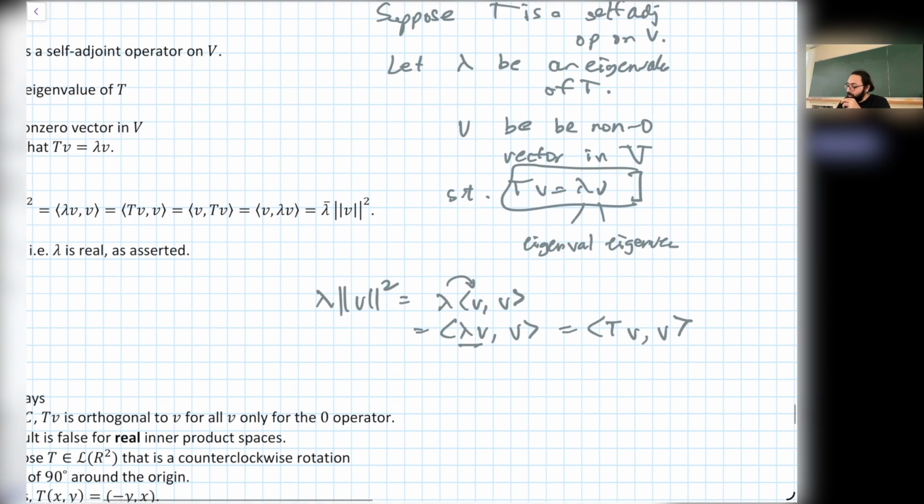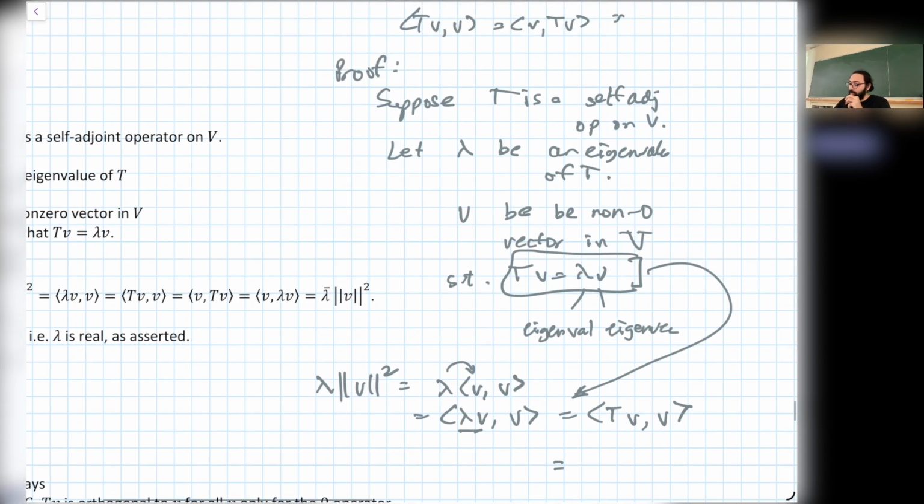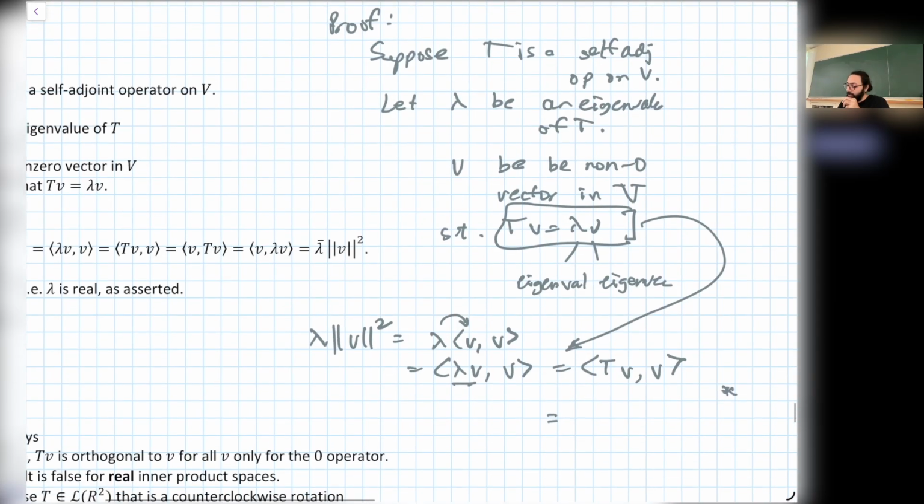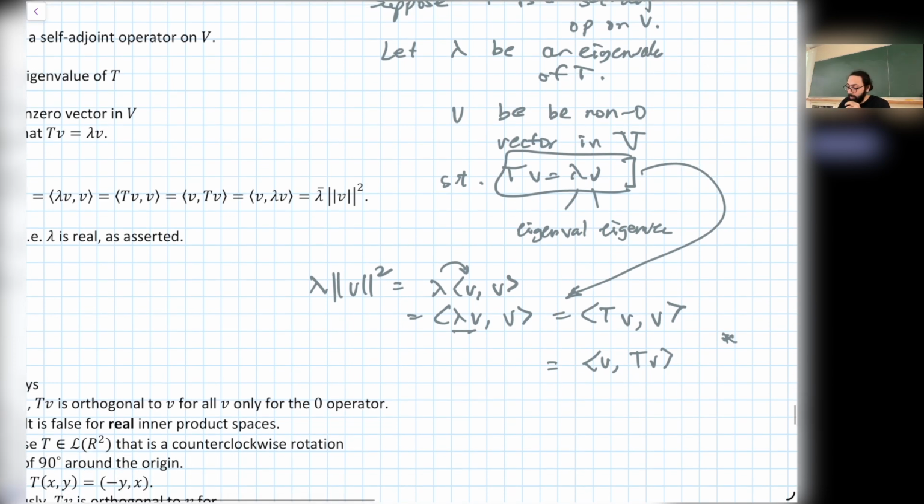Now, because I used this property over here, I'm going to use the fact that the operator is self-adjoint. So remember, self-adjoint was this property over here. So I'm going to use star and write it as <V, TV>. If it was not self-adjoint, what would we get? T star. But since it is self-adjoint, we don't have to write the T star. We can just write T. And now again, we know that TV equals lambda V, because it's an eigenvector.